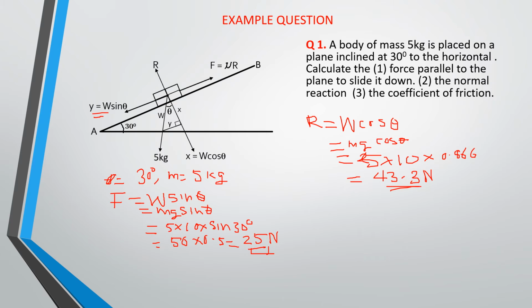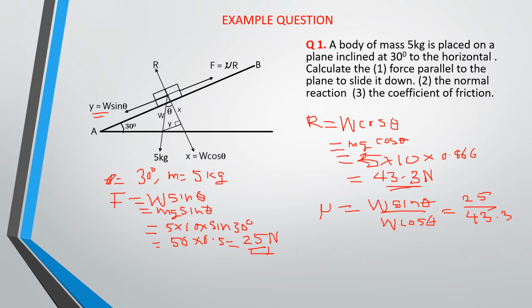Okay, then the coefficient of friction. We said that the coefficient of friction mu is equal to W sine theta all over W cos theta. So if you substitute these values that we have, you have 25 all over 43.3.